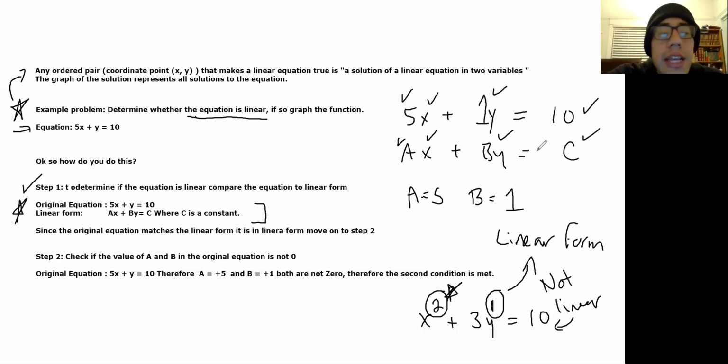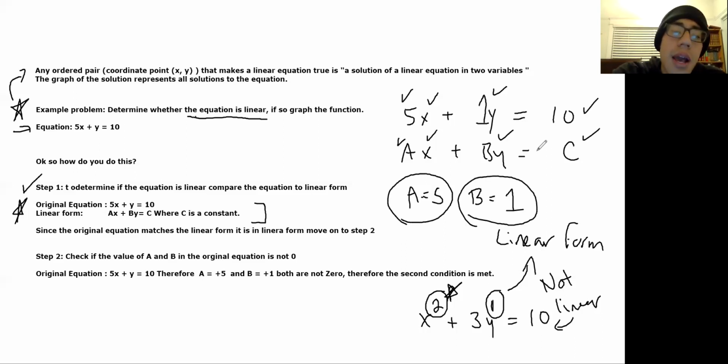Step 2 says, check if the value of a and b in the original equation is not 0. Remember I said that we were going to use this later? Well, we're going to use this in step 2. We just need to double check that in the original equation, there's no 0 in front of the x. You're almost never going to see that, but you should still check. So in this case, a real quick check, we need to recognize that a is the number in front of the x. In this case, it's 5.